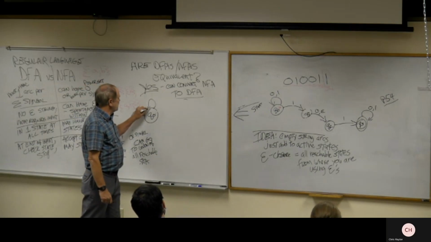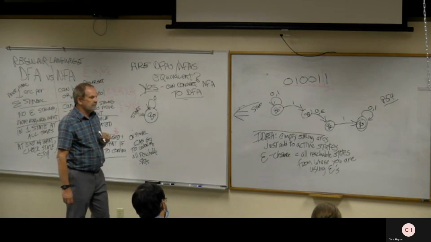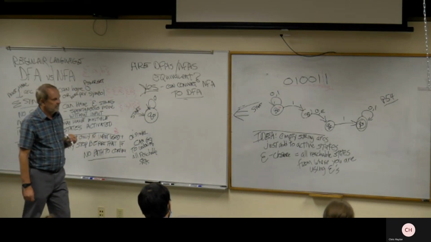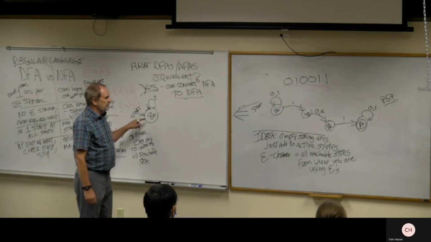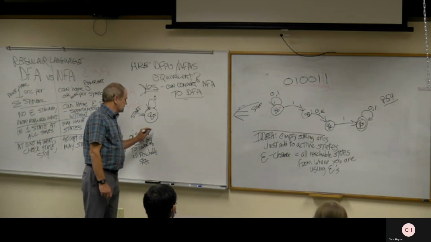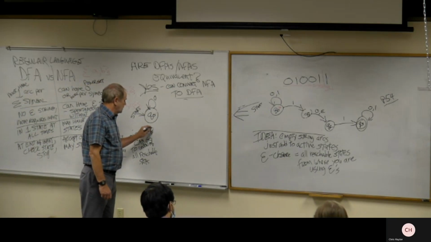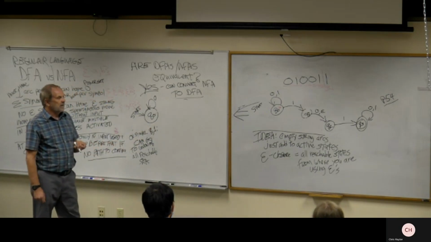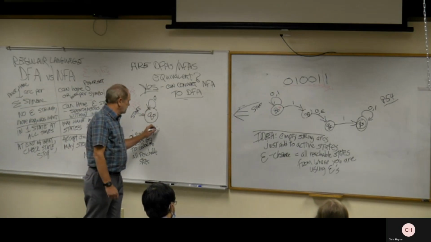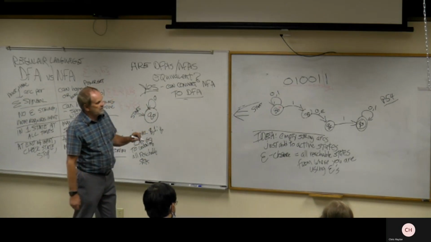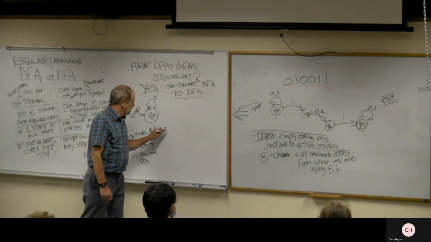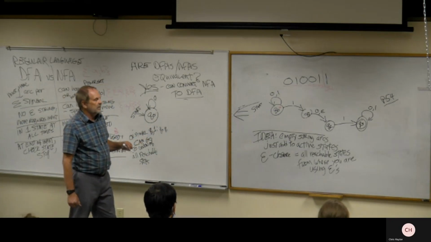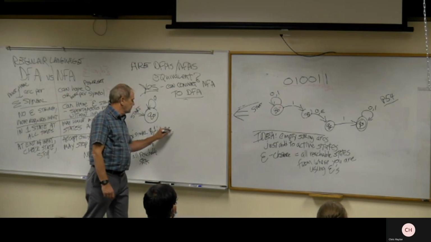It also takes me to Q1. And is there any way I can get further from Q1? Yeah, I can go to Q2 as well. That looks like the end of it. So a single 1 can take me to both Q1 and by extension to Q2.